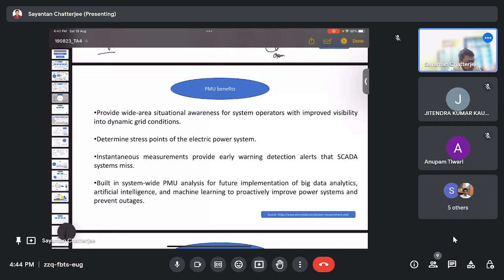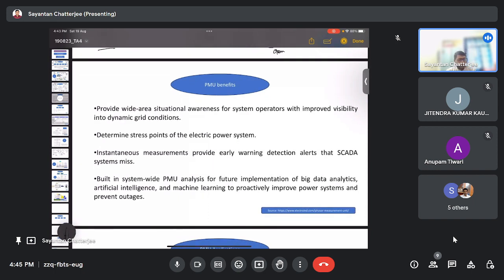So these are the PMU benefits. It gives wide area situational awareness to the operators for improved visibility.